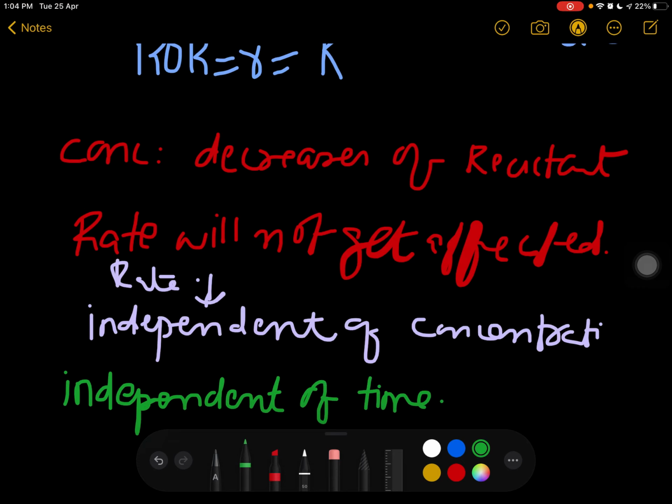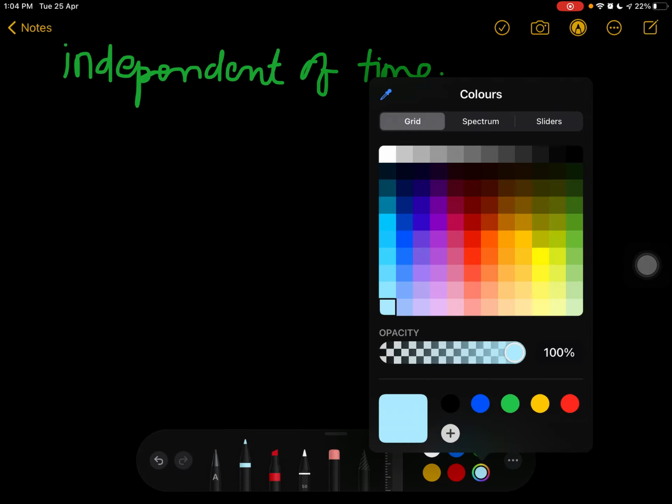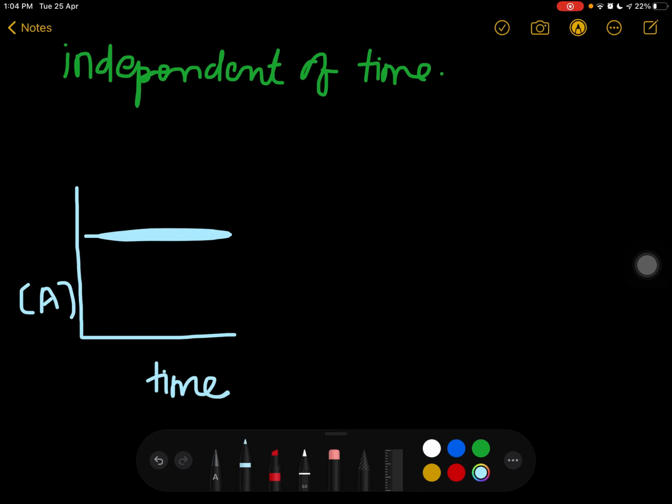If I want to plot a graph, like this, if I put time here and the rate here, it will be a constant graph. With respect to time, the rate of reaction won't get affected.